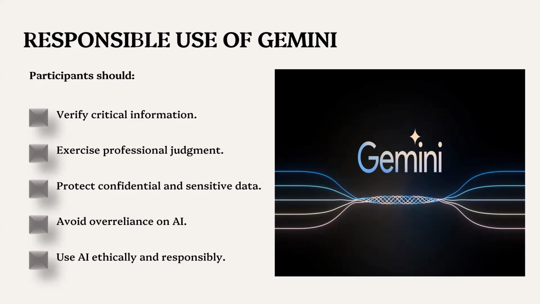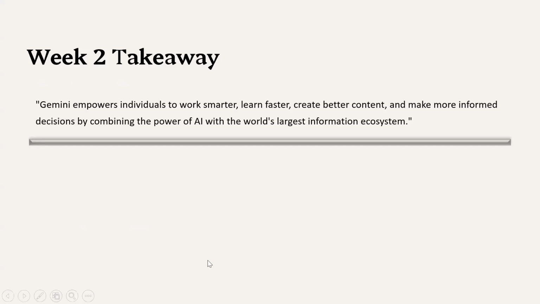Artificial intelligence will never and can never substitute human intelligence. They are there to complement it. It is the responsible use of AI and human intelligence plus other intelligence that makes you a professional who will be a point of reference. And lastly, I say use AI ethically and responsibly.